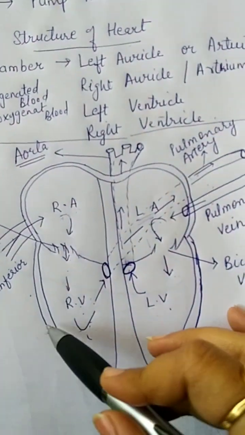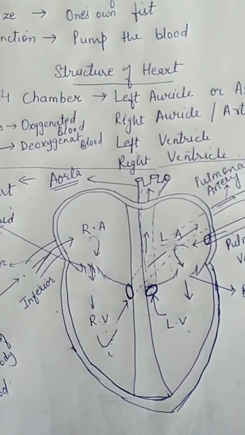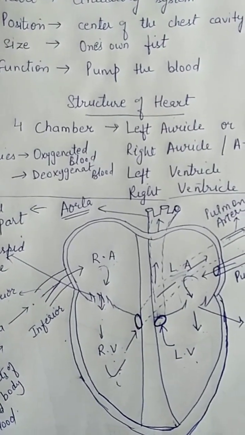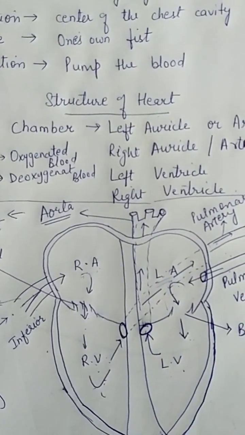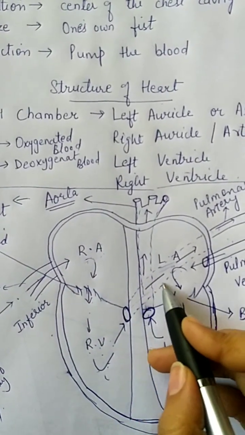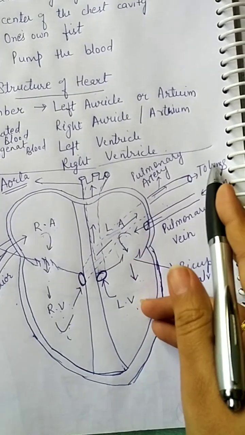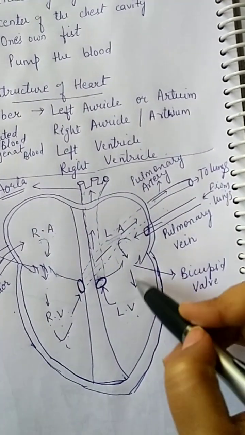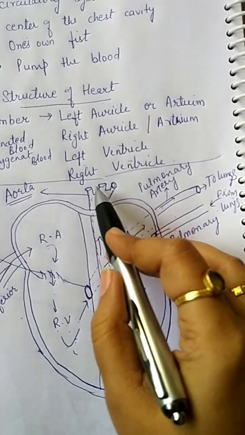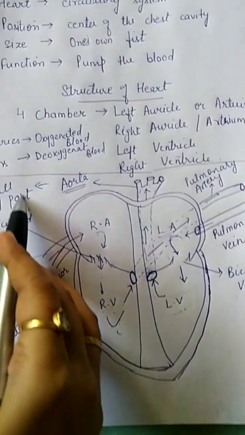But the ventricle has to apply a large amount of pressure to make the blood cover a larger distance. See here, from the right ventricle the blood is passed to the lungs, so it is covering a larger distance, and here also from the left ventricle the blood is pushed to the aorta to be passed to all parts of the body, right?